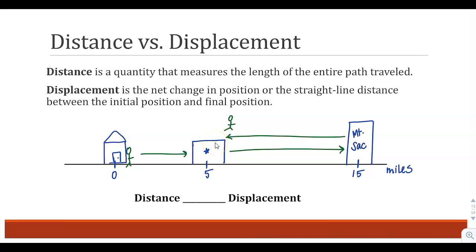So your total distance would be 25 miles. But your displacement, that's just the straight line between where you started and where you finished. So that would be only 5 miles, the displacement. So the relationship here is that distance is always going to be greater than or potentially equal to displacement.